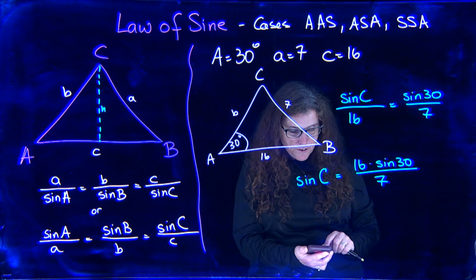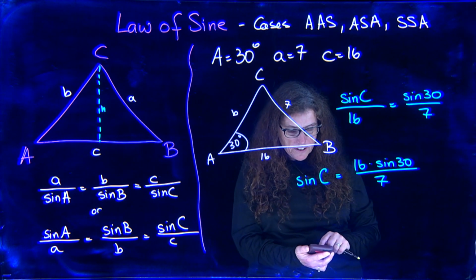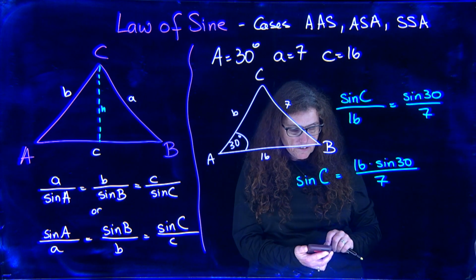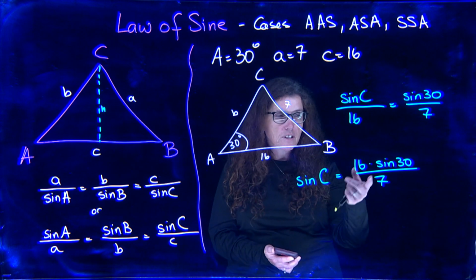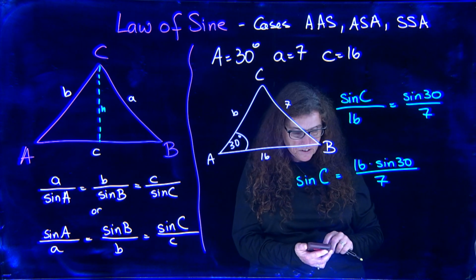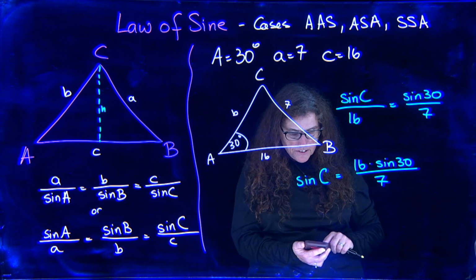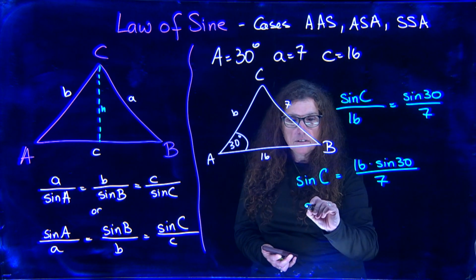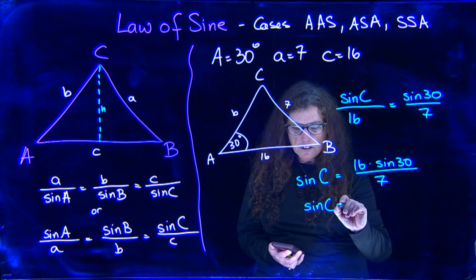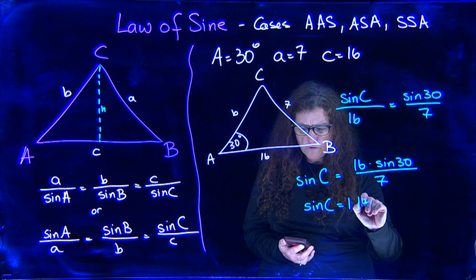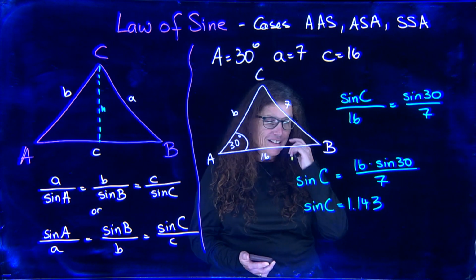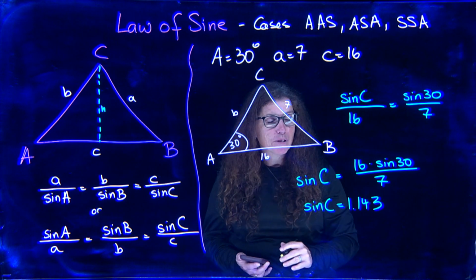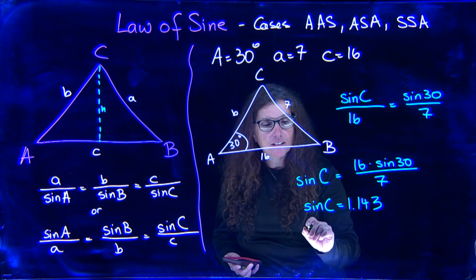16 sine of 30, we all should know what that is. 30 is one of our common angles. Of course, the sine of 30 is 1/2, so times 16 is 8, but that's beside the point. Divide that by 7, and sine of C is 1.143. Now, to find angle C, remember, how do we find an angle?